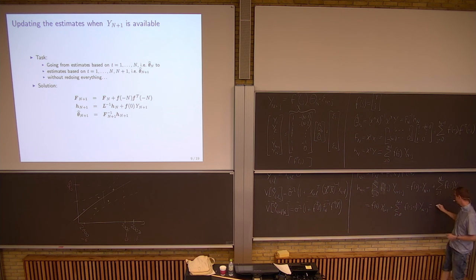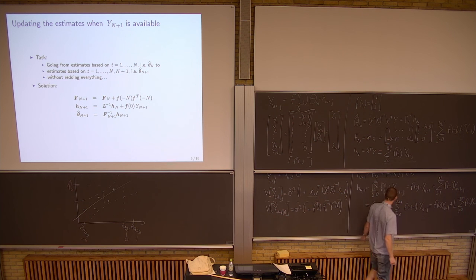So this is equal to f0 y n plus 1 plus L inverse, let me write it so that you have it, the sum over j equals 0 to n minus 1 of f of minus j, y n minus 1, and that part there is exactly hn.